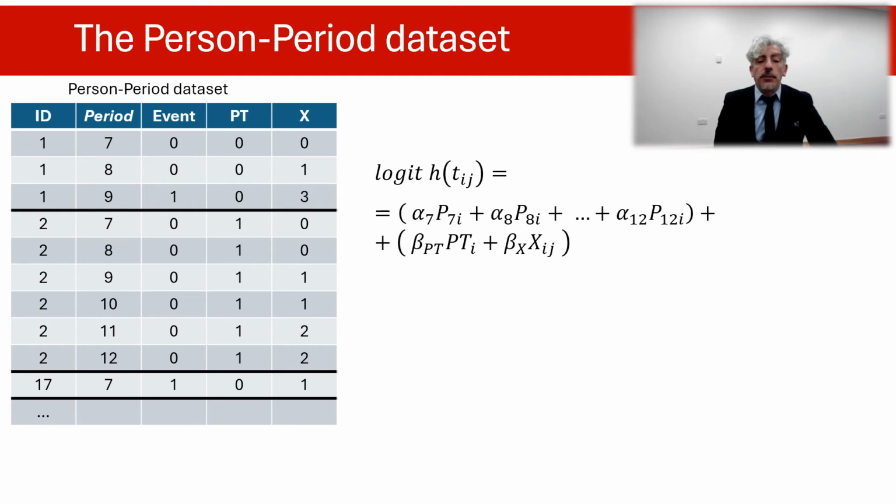Here I put the formal definition of the model. The first part is the baseline model I have just described. The second part of the equation shows that we assume different slopes for each covariate. Note that the value of the time invariant covariate PT, parental transition, only changes from one individual i to another.